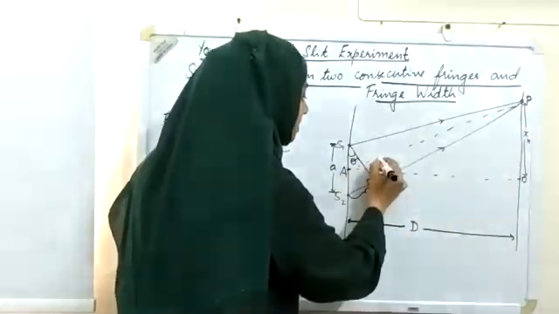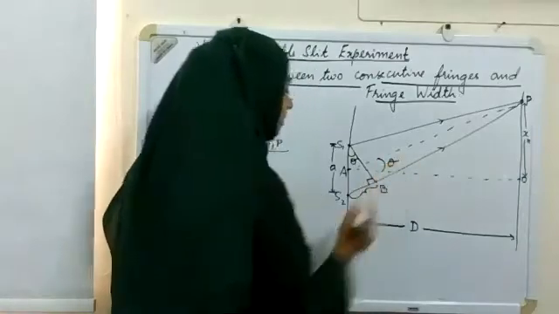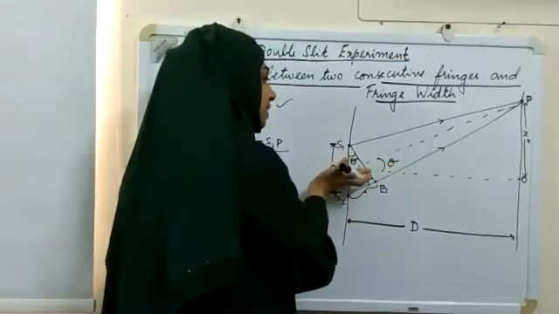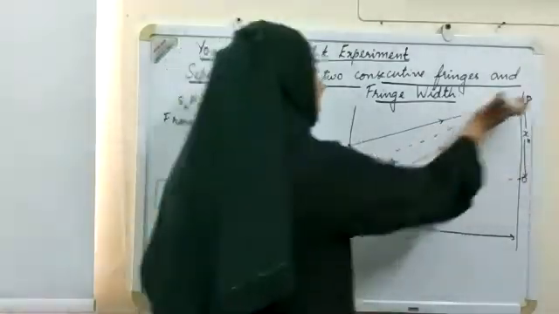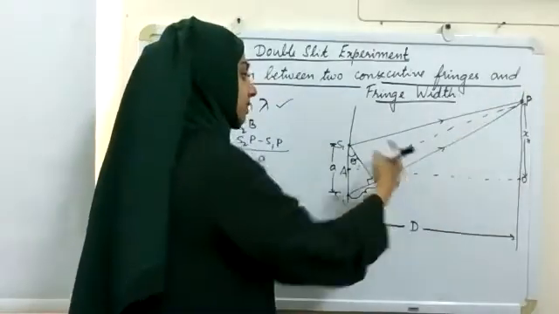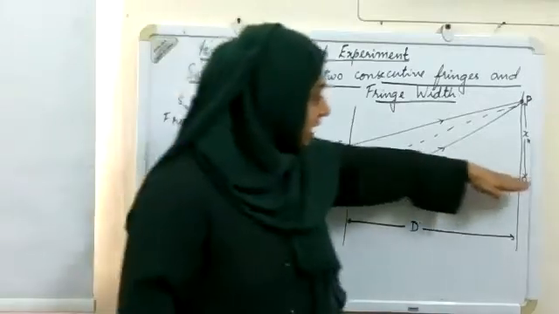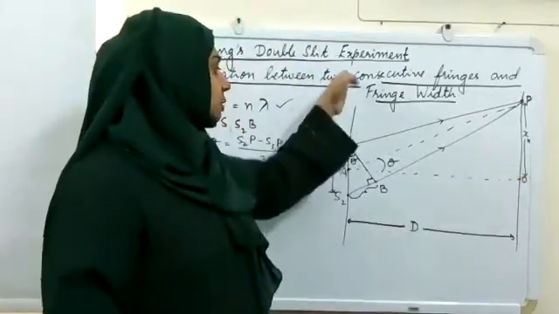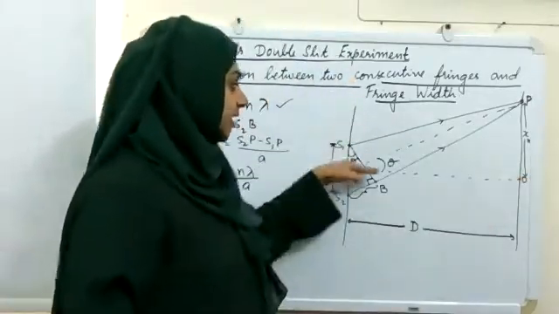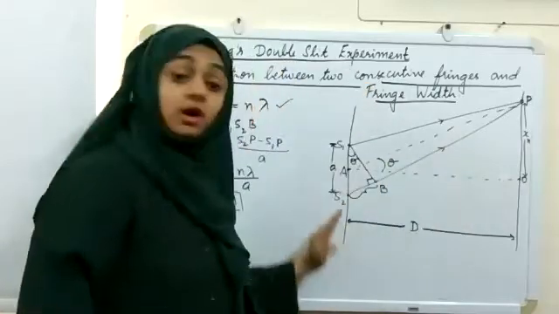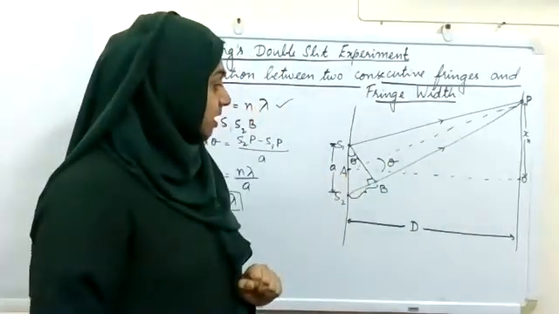Now consider this angle theta between AO and AP. We know that this line AO is perpendicular to S1, S2.